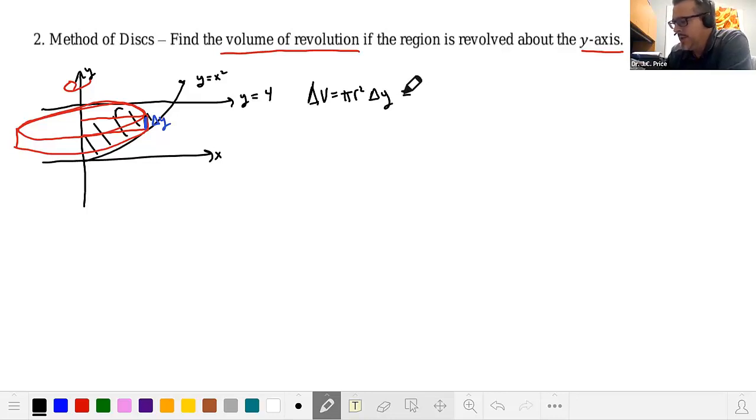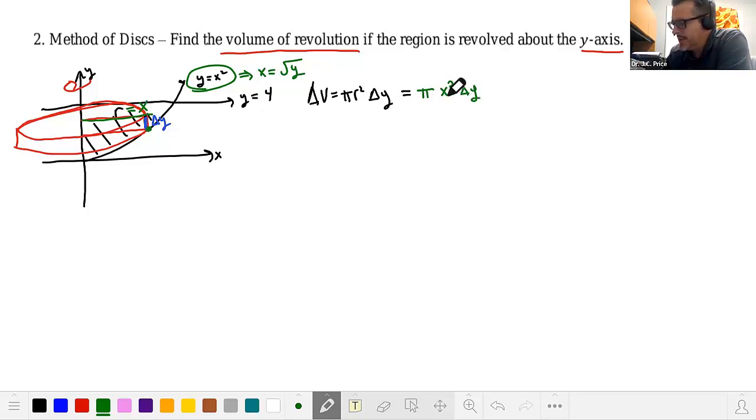So we have to find this radius right here, r, and that radius r basically falls on this graph, which is y equals x squared, but our r is actually equal to this x value, and so this tells us that x is equal to the square root of plus or minus y, but we care about the positive part, so x equals square root of y.